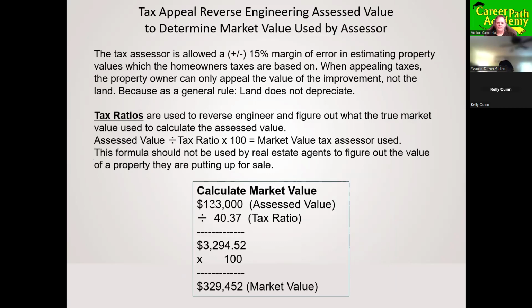If the assessed value in the tax records is listed at $133,000 and the ratio is listed at 40.37, that gives you $3,294.52. Times it by 100, and this is the market value that the property is at.